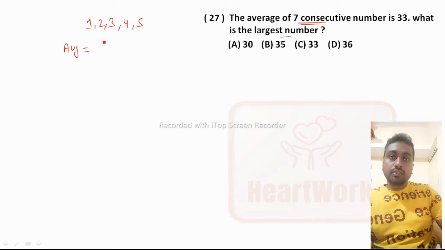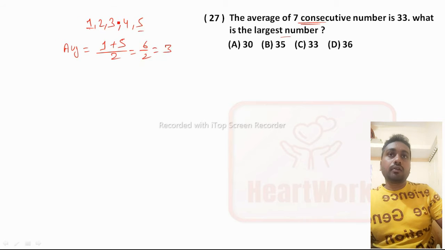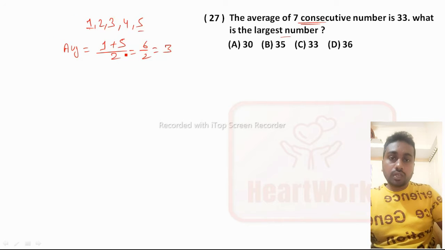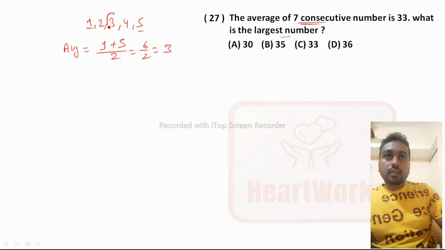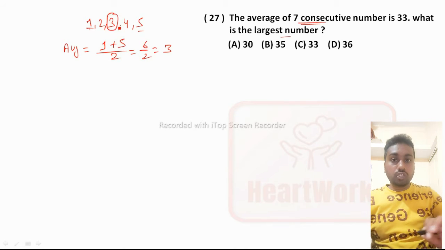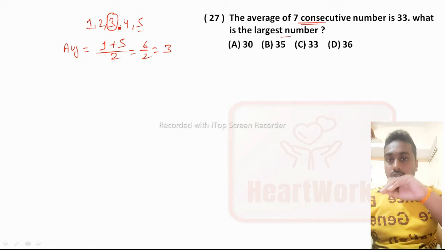If it is in sequence, directly take the first number and last number, 1 plus 5, and divide by 2. So this is 6 by 2, that is equal to 3. So the average is 3. Whenever the numbers are in a sequence, the average is the center one. No need to calculate anything. If the numbers are in a sequence, directly see the center one, that is your answer.